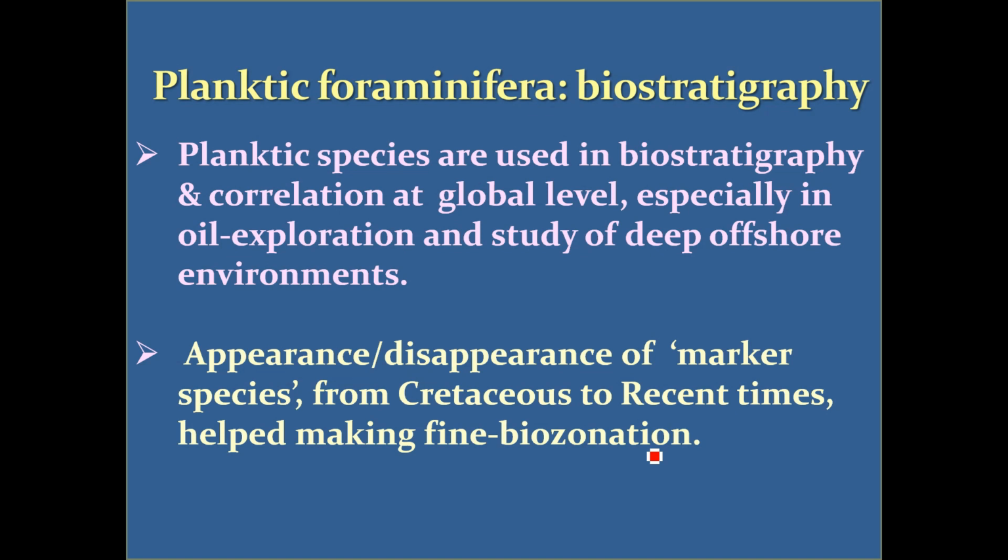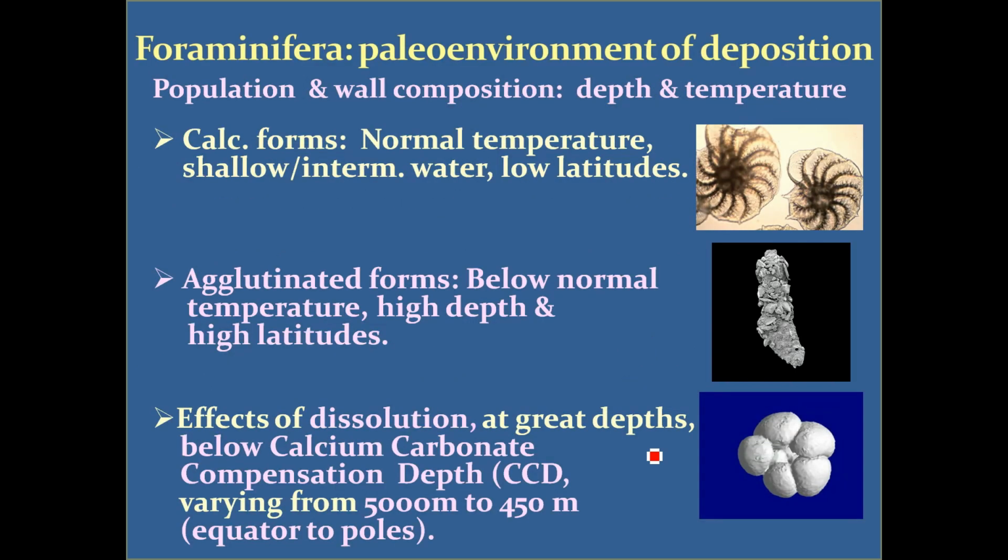So you can say planktonic species are used in biostratigraphy and correlation at global level, especially in oil exploration and study of deep offshore environment. Similarly, appearance and disappearance of marker species from Cretaceous to recent times also help in making fine biozonation.